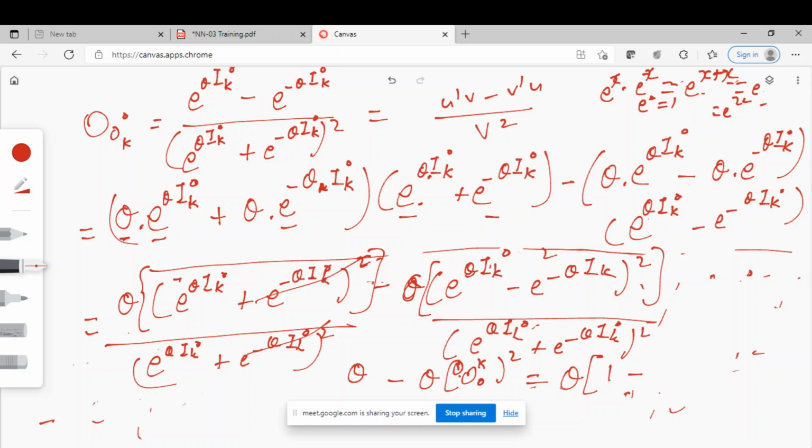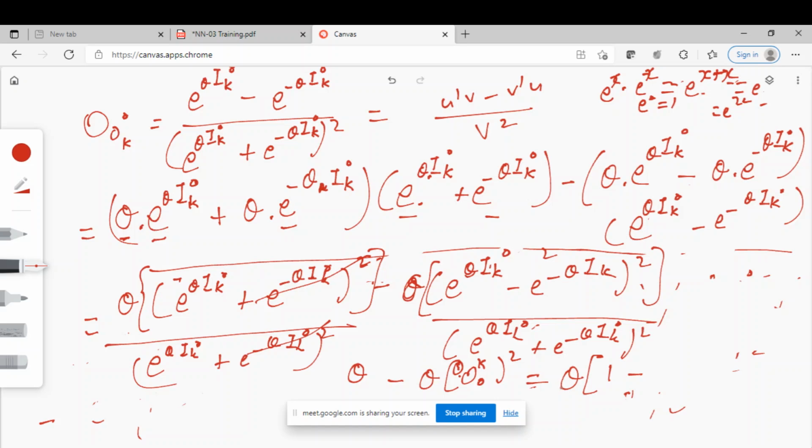Still we have not reached fully. So what we got is theta naught into 1 minus ok, not the whole square; the square is applicable only to this. But here we want 1 plus ok into 1 minus ok. How did we get this?